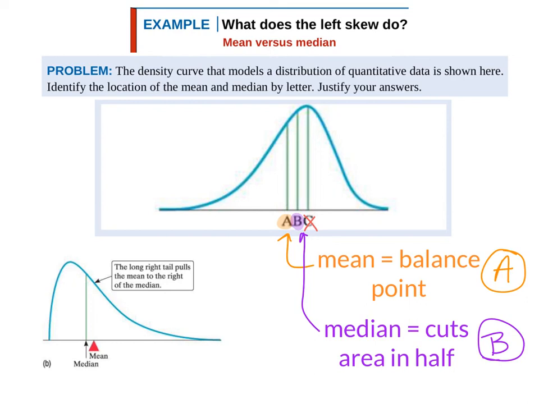Now, here's the thing that helped me determine which one was A and which one was B. It was this idea from the last slide. We happen to know that in a roughly symmetric curve, the mean and the median are right down the middle. They're in the same place because remember they're measures of center. But here, when we have a skew, the mean gets pulled towards that tail.